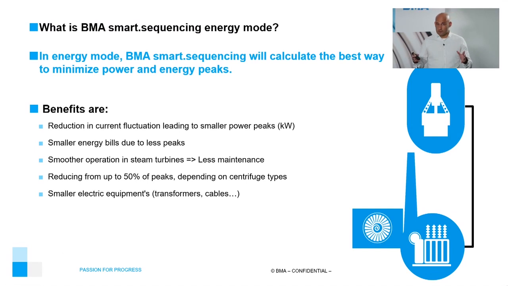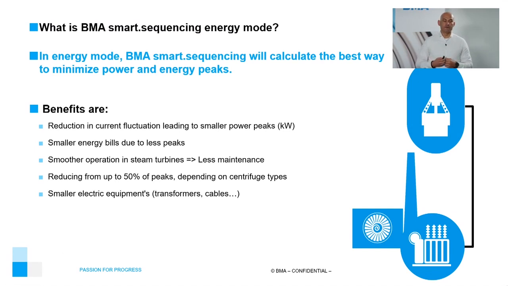And that means saving money, because if we have fewer energy consumption peaks, we will have a smaller energy bill. And not only that, if you are co-generating, producing energy and selling energy as an alternative product, this energy will be bigger. So you will have better performance and better efficiency in your cogeneration.